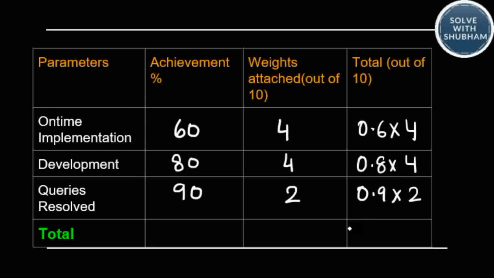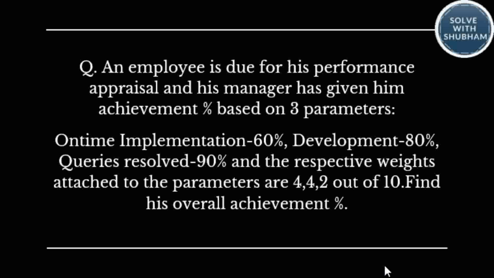So this would be 2.4 plus 3.2 plus 1.8. So how much will this come as? This would be 3.2 plus 1.8 would be 5, plus 2.4, 7.4. What are you supposed to find out? Find his overall achievement percentage.